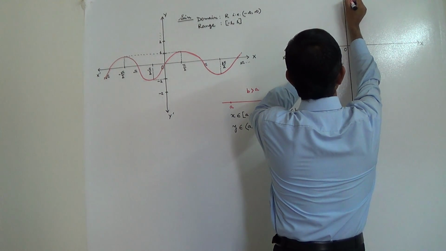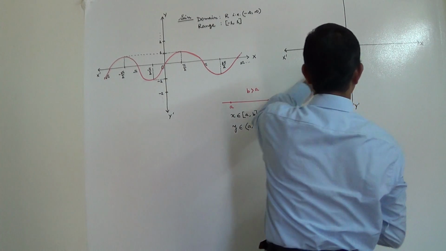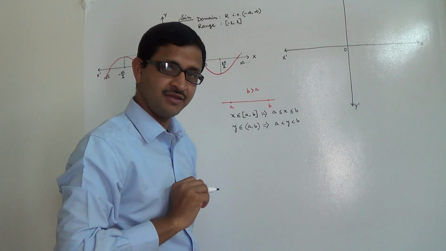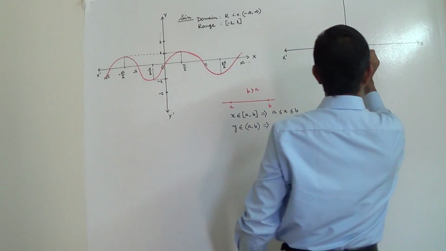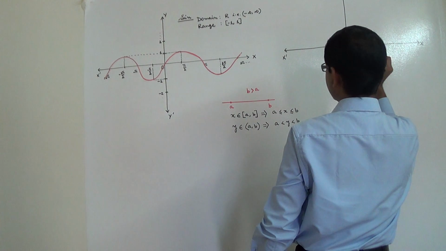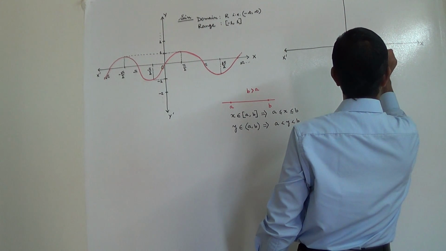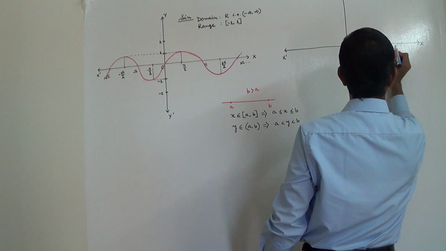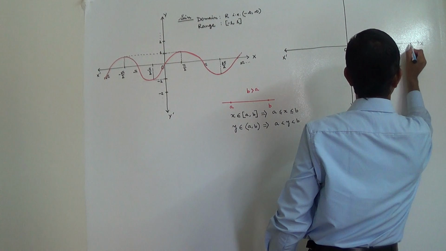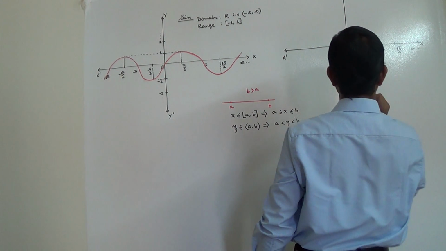This is the positive direction of the y-axis, this is the negative direction of the y-axis. Now, as we mentioned, we will measure the angles along the x-axis. So this is pi by 2, this is pi, this is 3 pi by 2, this is 2 pi, and it continues.